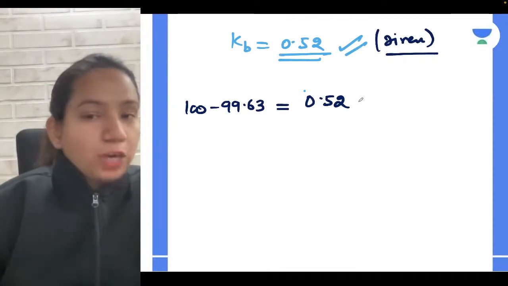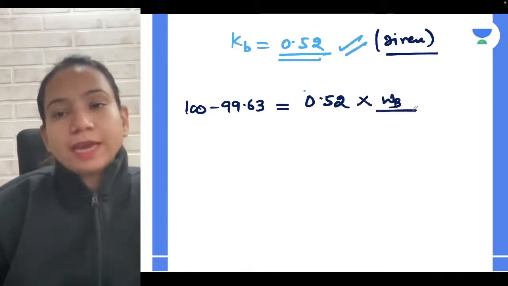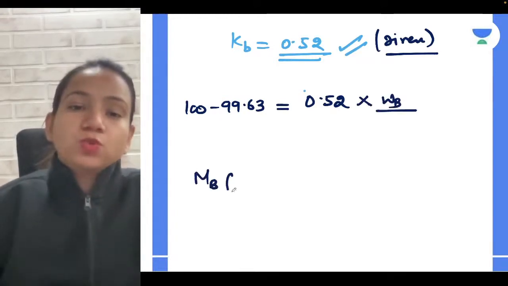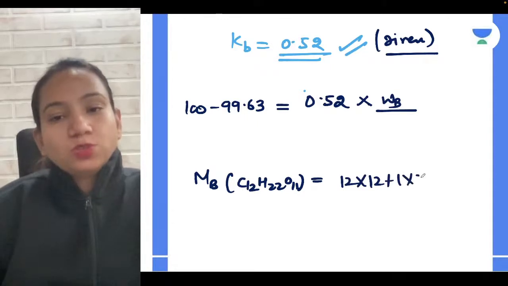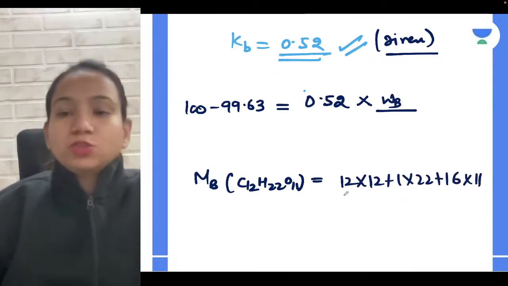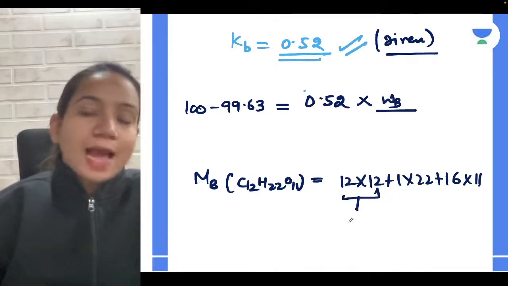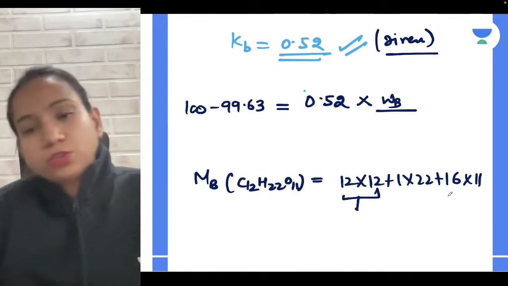So it's 0.52 into WB, which I have to calculate, over MB, the molar mass of sucrose, C12H22O11. Can I calculate that? It's very simple: 12 into 12 plus 1 into 22 plus 16 into 11. Easy, right? You just add them, and you will get it.